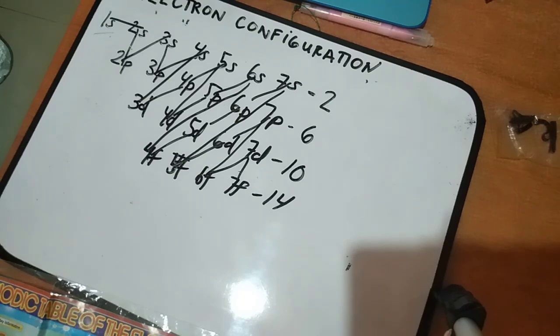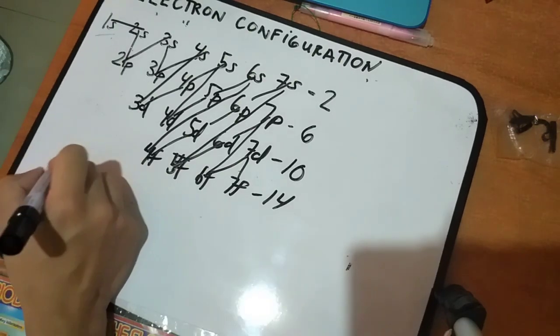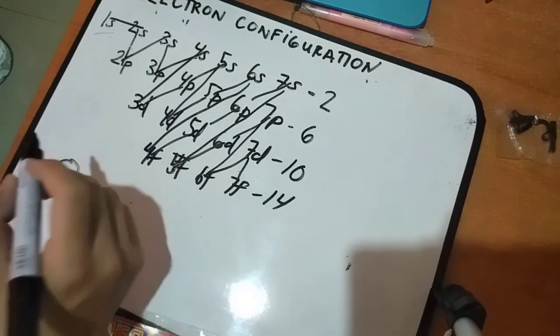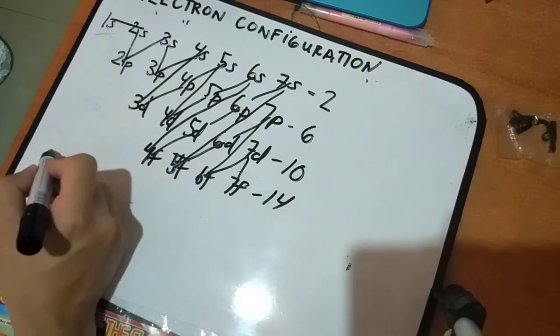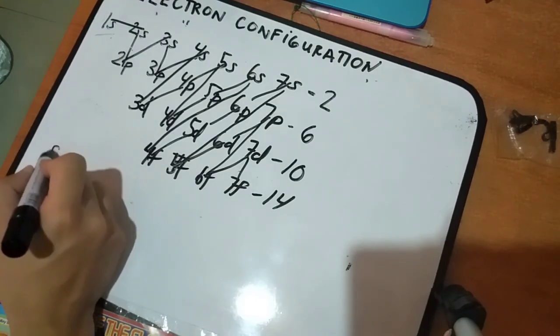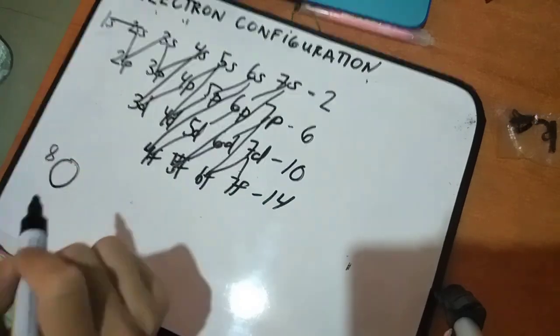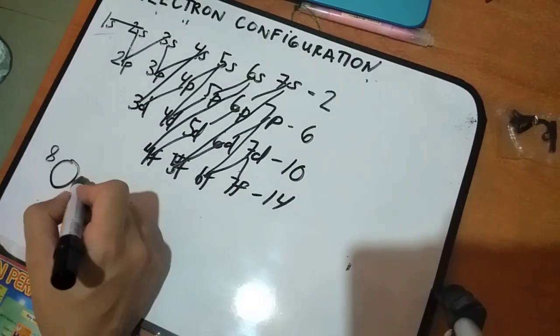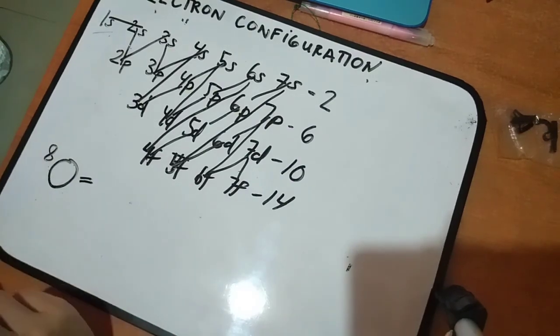So, let's try to use oxygen as an example. So, oxygen has an atomic number of 8. Diba? 8 yung oxygen. So, paano natin siya gagawin?